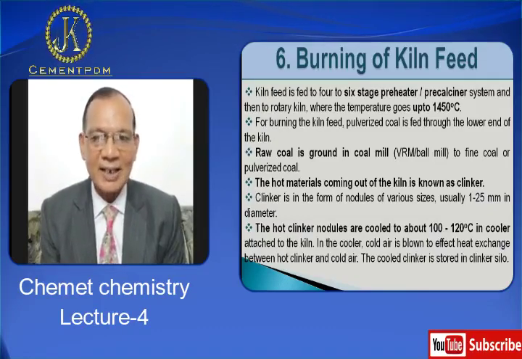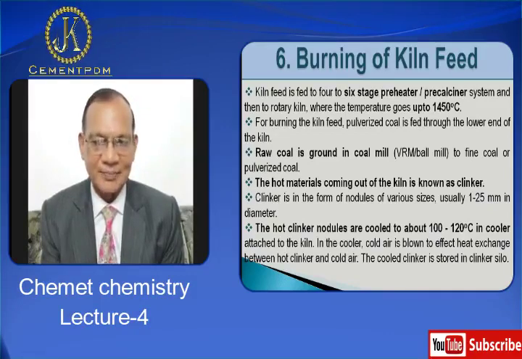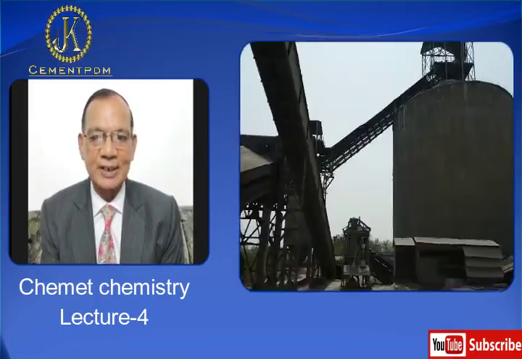The hot clinker noodles are cooled to about 100 to 120 degrees centigrade in cooler attached to the kiln. In cooler, cold air is blown to effect heat exchange between hot clinker and cold air. The cooled clinker is stored in clinker silo.